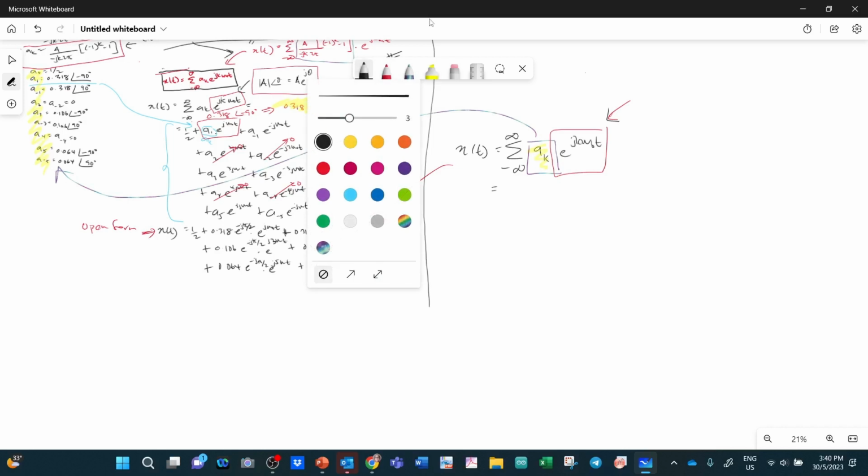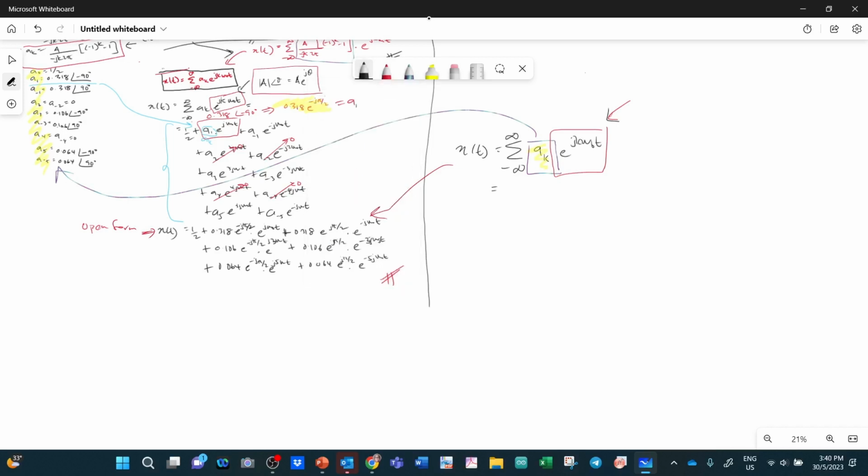So the final answer should start with a0, plus a1 e^{jkω t}, plus a_{-1} e^{-jkω t}, plus a3 e^{j3kω t}, plus a_{-3}, and so on. Basically this k value is 1.